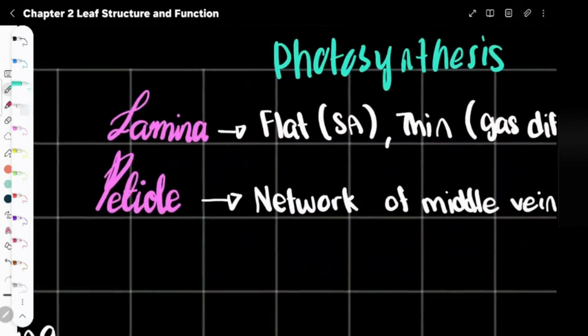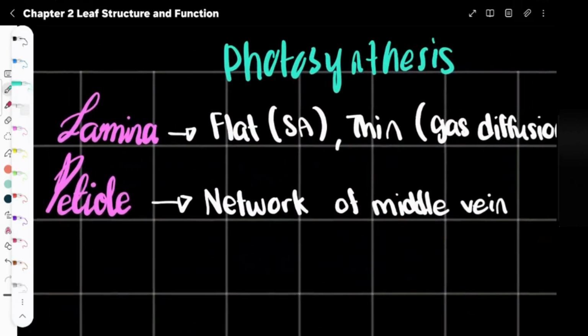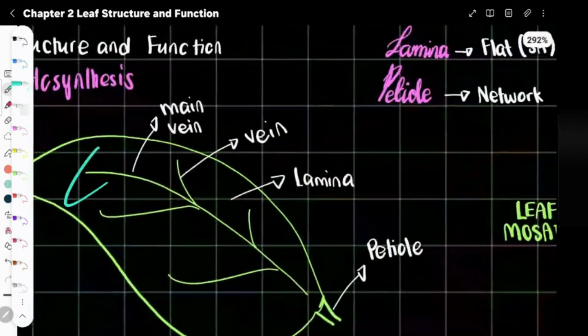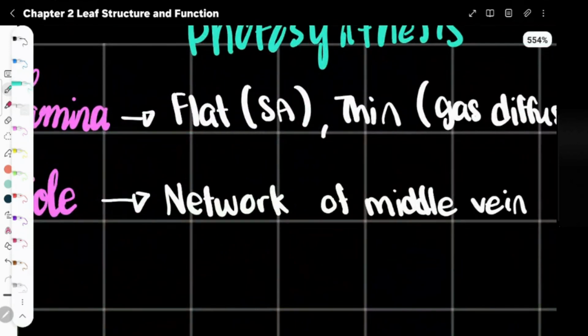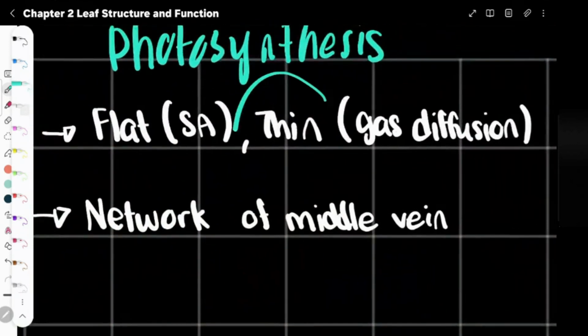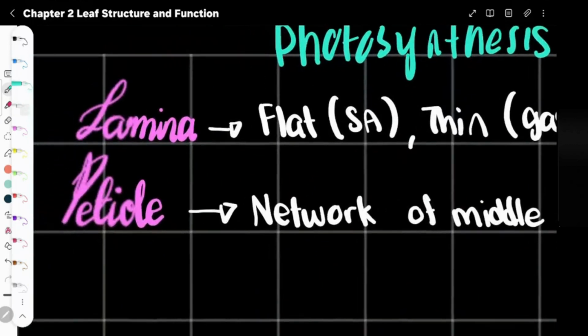So how does it adapt so that it can do a better photosynthesis? First of all, look at lamina. It looks flat, so it increases surface area. Second of all, it is thin. Why? For gas diffusion. Why need gas? Because you need CO2. Remember photosynthesis, right?